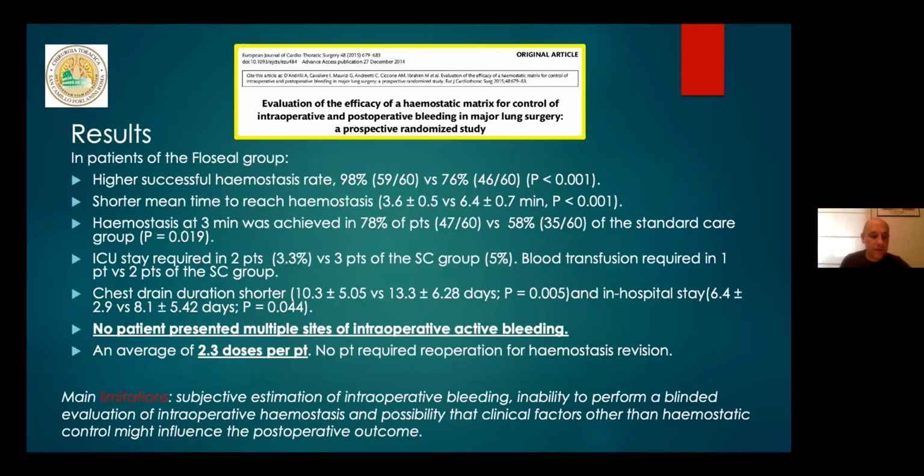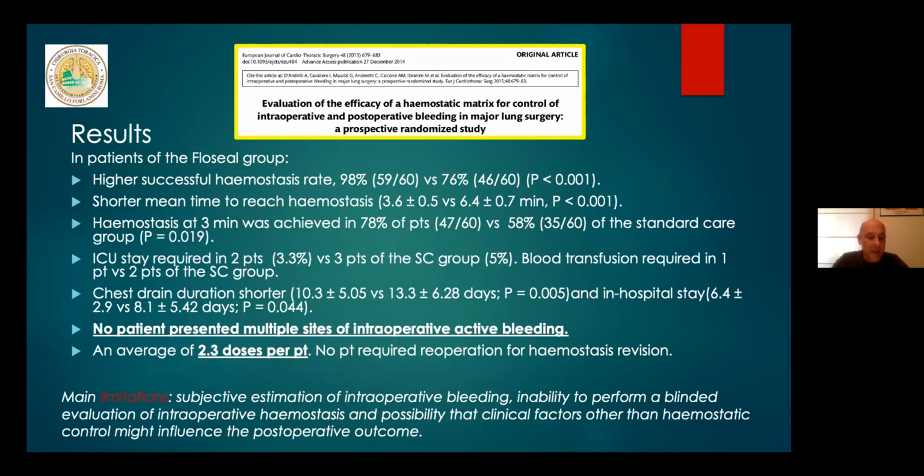And about the results, the authors reported a higher successful hemostasis rate for FloSeal, and a significantly shorter chest drain duration and in-hospital stay in the FloSeal group has been seen.